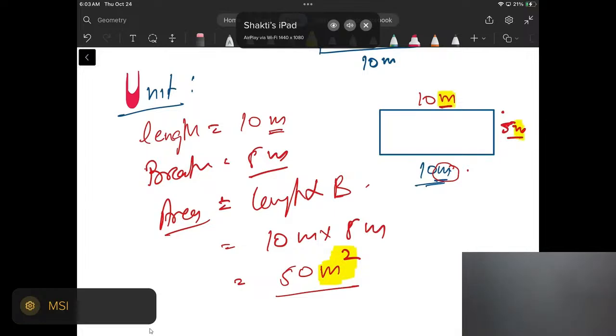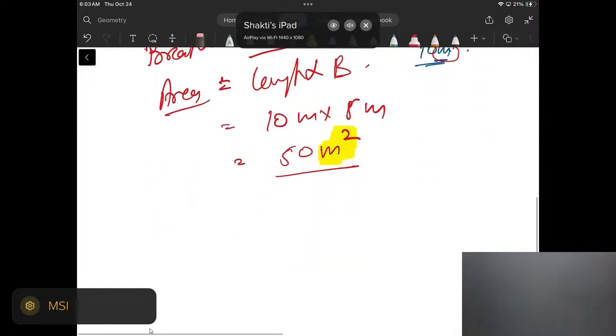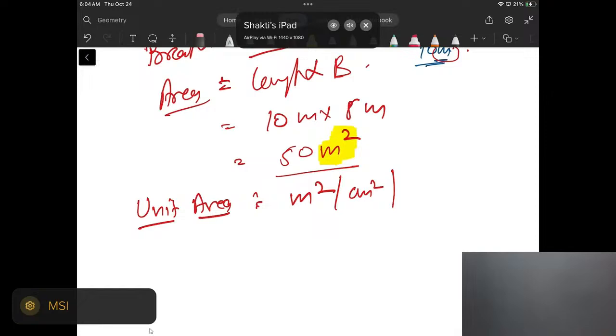Without units, there is no meaning to your answer. When you write area, the unit will be meter square, centimeter square, or decameter square, or anything, based on the unit of your dimensions.